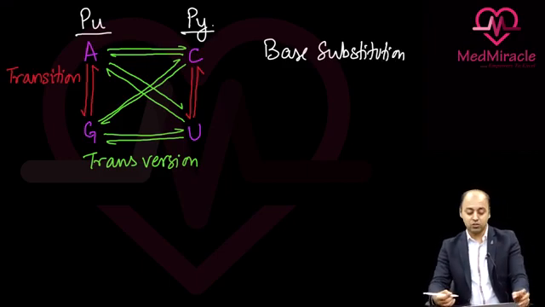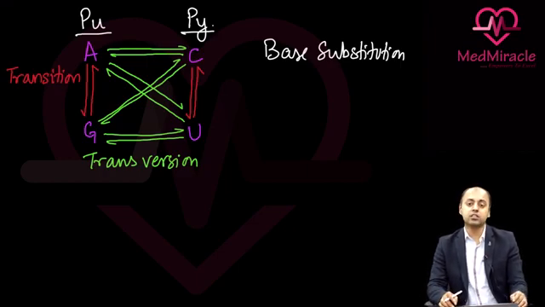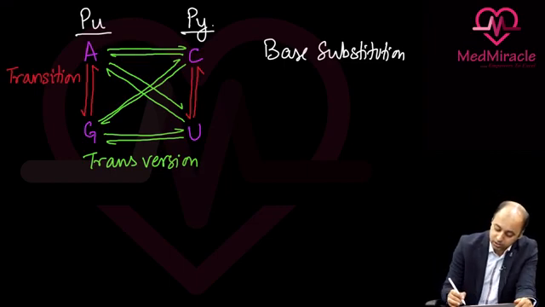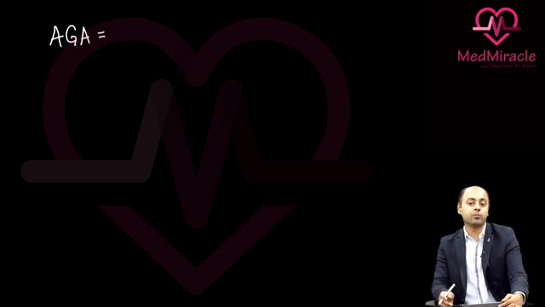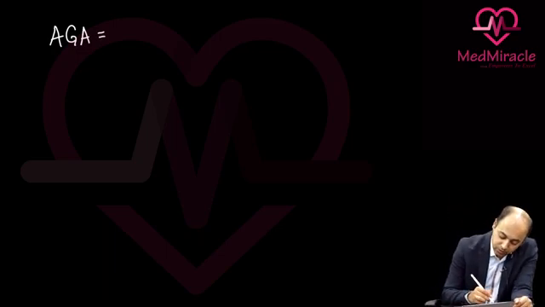Now, what are the effects of transition and transversion? We'll take an example. For our discussion, let's take the example of AGA. You have come across this codon previously when you were talking about mitochondria, where I had said the AGA normally codes for arginine.